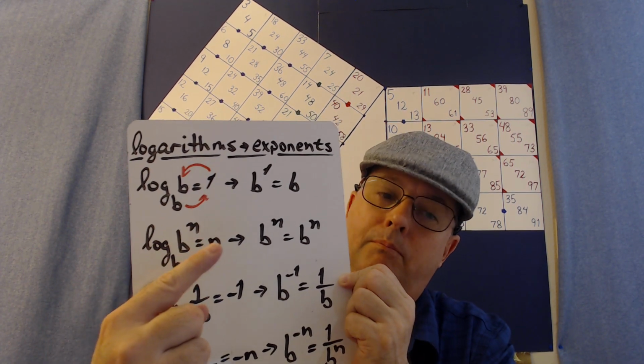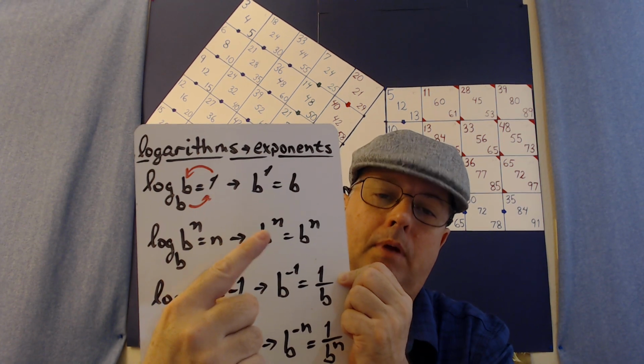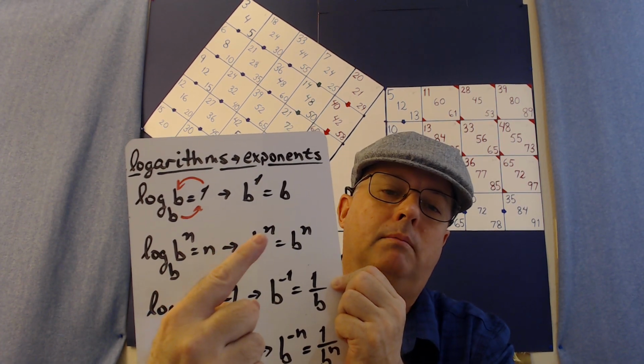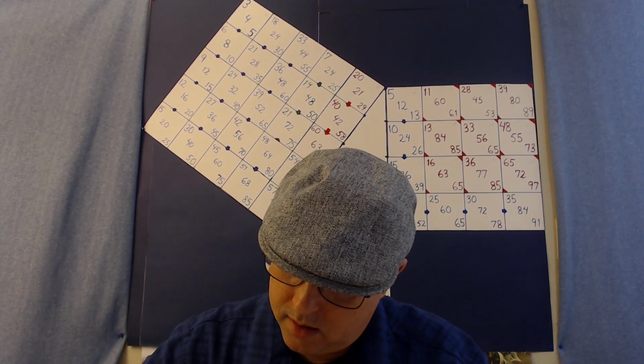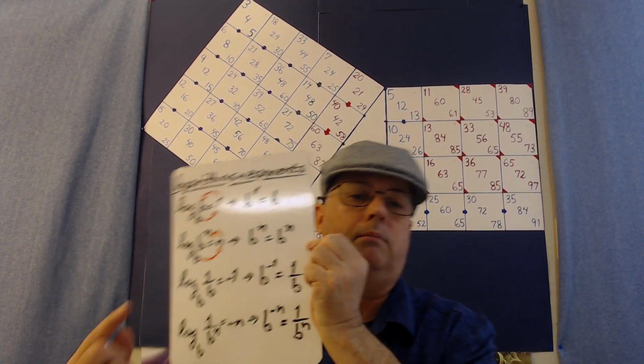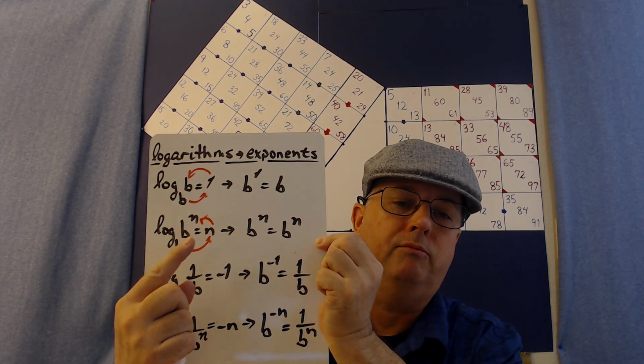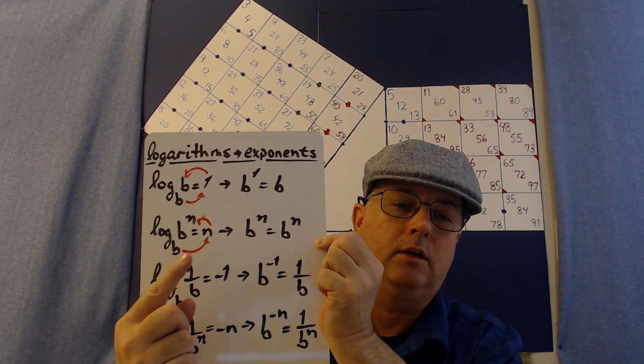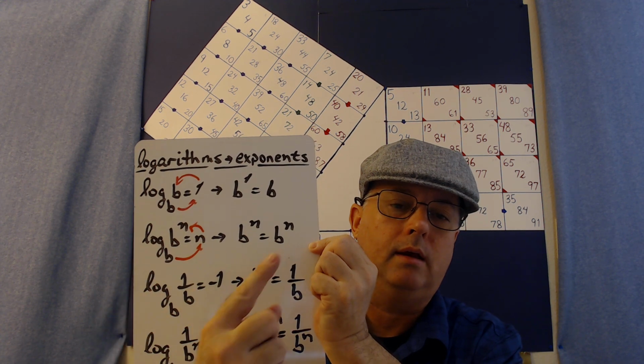Well, I bet it's the n power that makes b become b to the n power. That n power right there. Can't argue with that. So there's our round trip. Log base b of b to the n is n, because b to the n is b to the n.